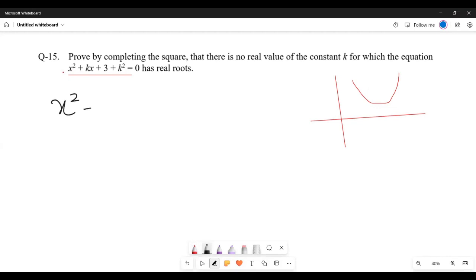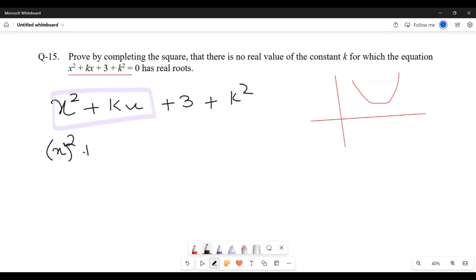x square plus kx plus 3 plus k square. We're going to change this into a square plus 2ab plus b square so that it becomes something whole square. So a is x, a square. Now we need plus 2ab with it.